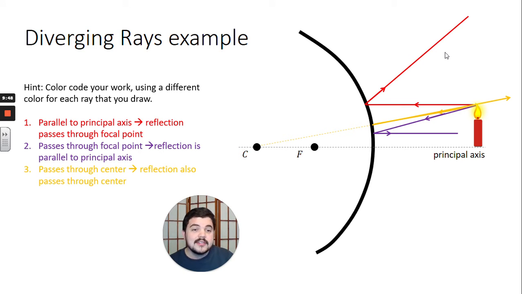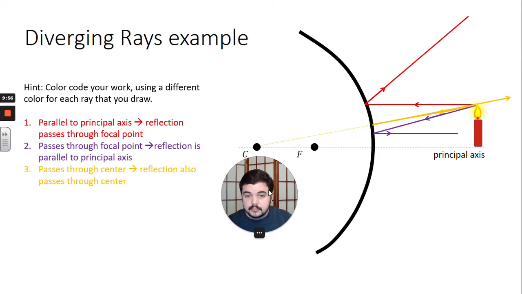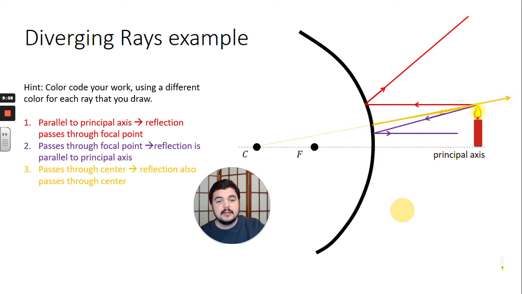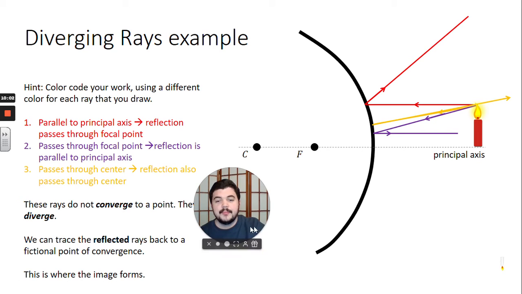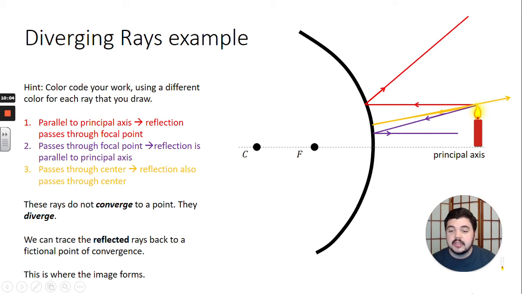Well, it's because your eyes would be able to trace back a point of fictional intersection. So what does that mean? Here we go. These light rays don't converge, they diverge, but we can trace back the reflected rays to a point of convergence.